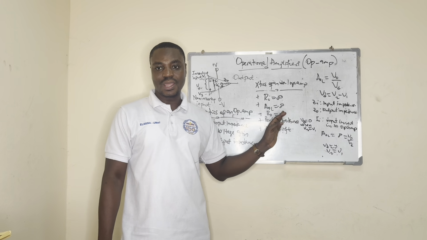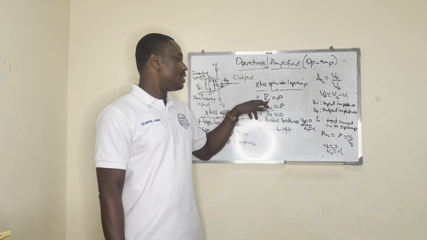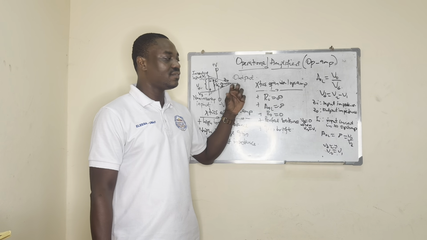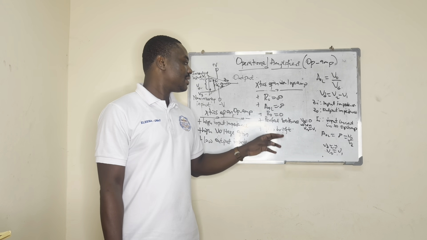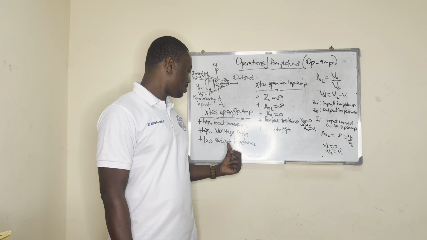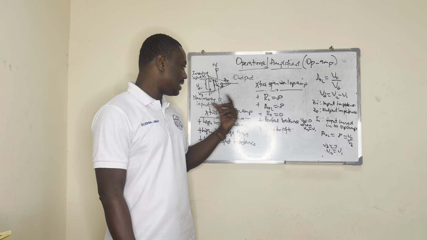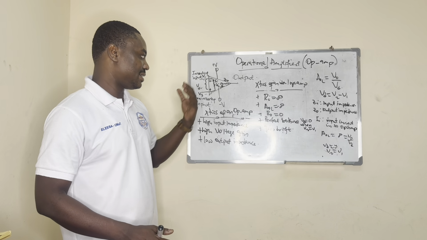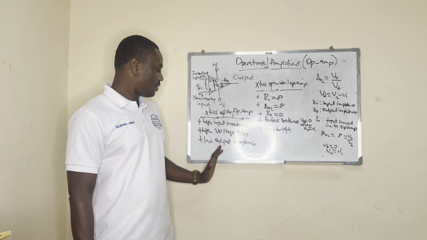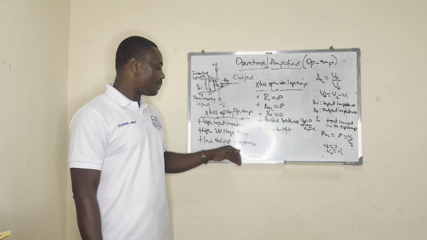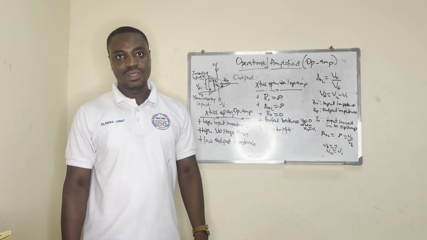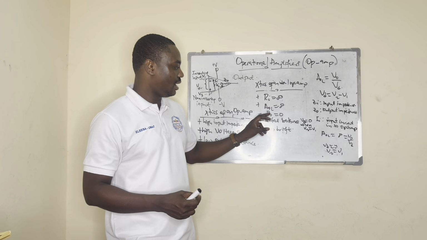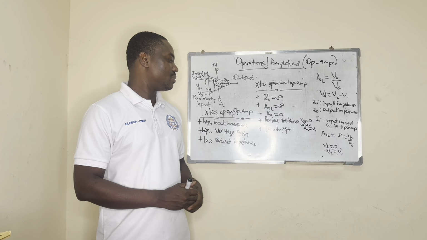So the input resistance, which is the same as input impedance, is infinite, meaning a very large number. Then the voltage gain is also infinite, so large and so big. For the output impedance, in an ideal situation, it needs to be zero. The output resistance should be zero.